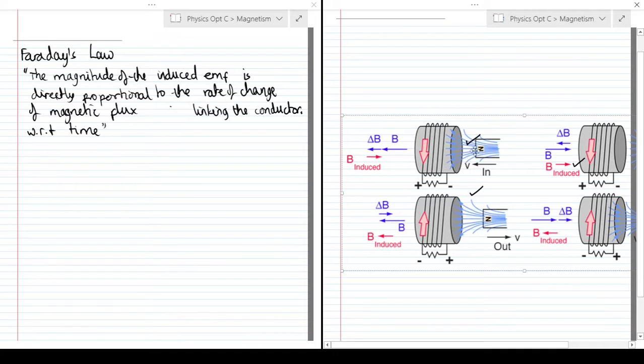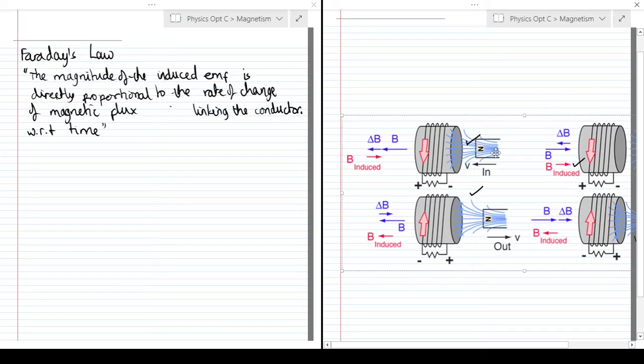So this changing flux, due to this external magnetic field, eventually creates an induced magnetic field. So the induced EMF produces an induced current, and the induced current produces an induced magnetic field, right?